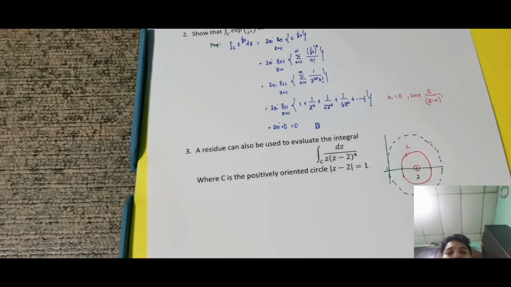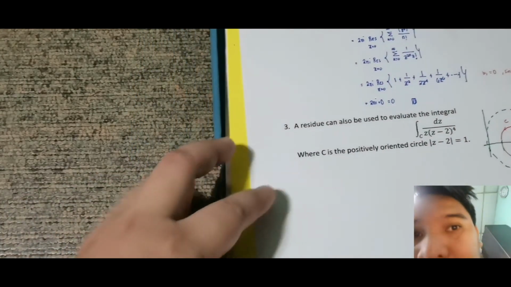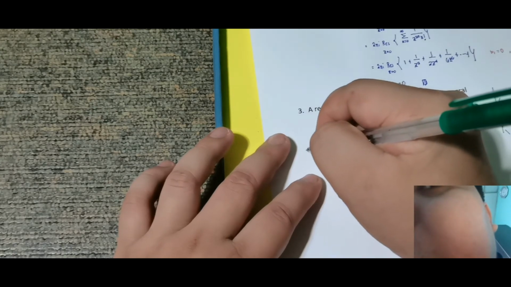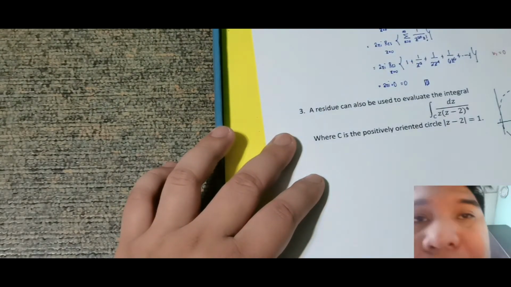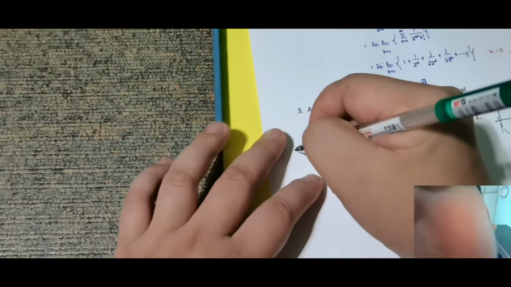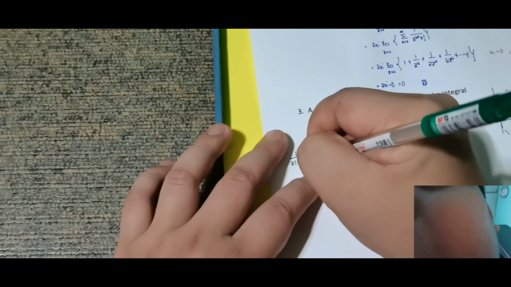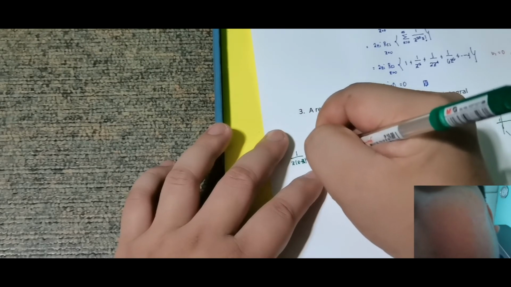So, I think pwede kong gawin ganito. Ito na lang, no? We have the integral. Or, ganito na lang. Doon ko na mismo sa solution lalagay. Yung 1 over z times z minus 2 raised sa 4.